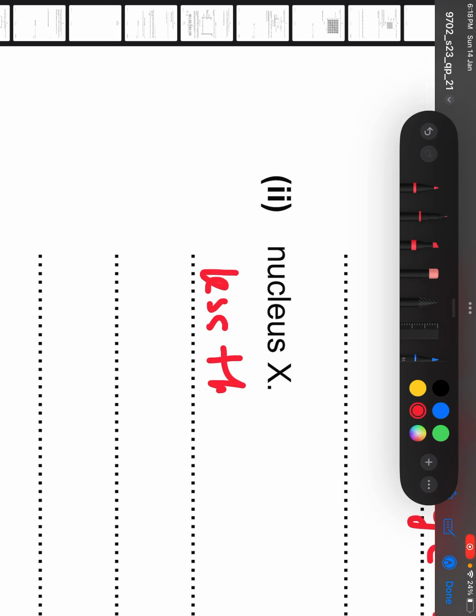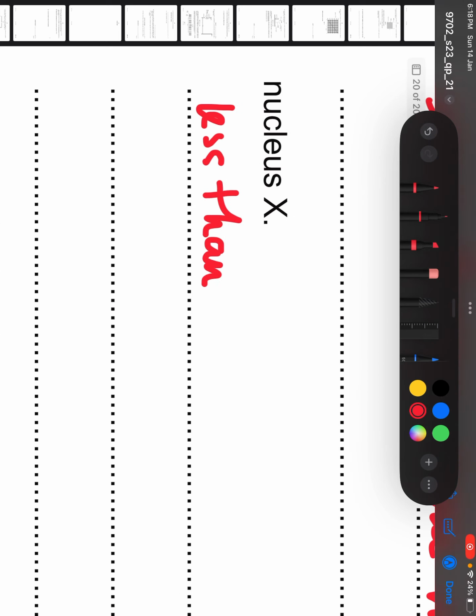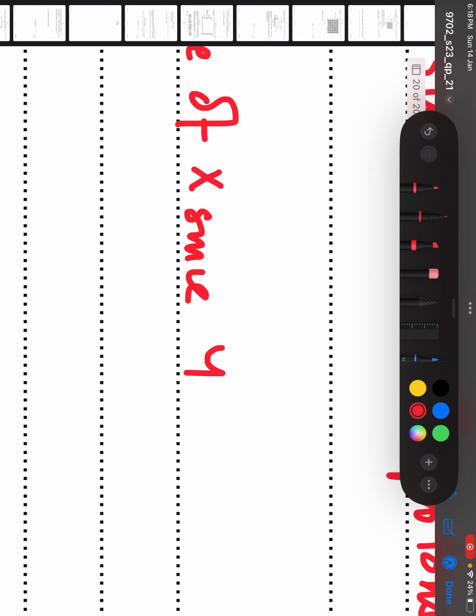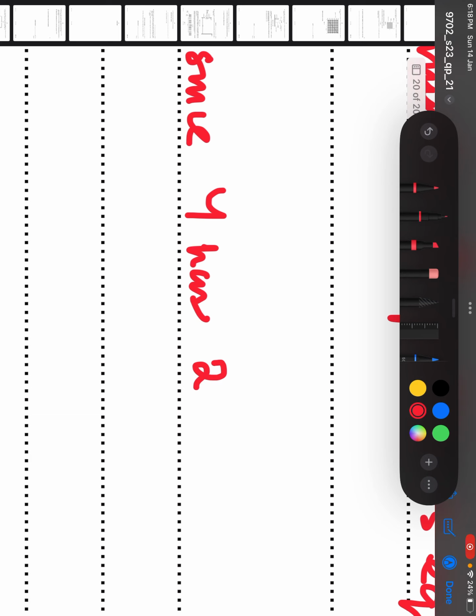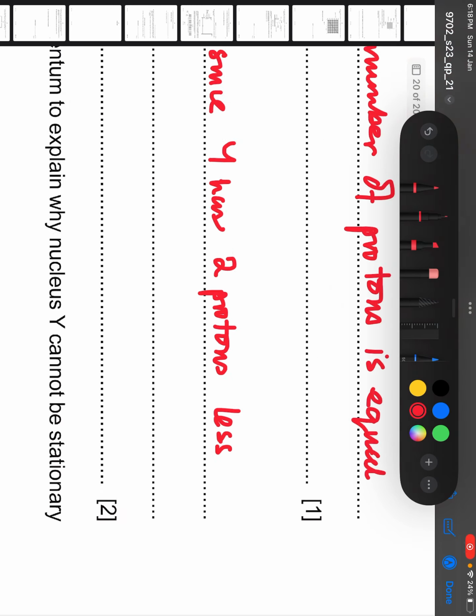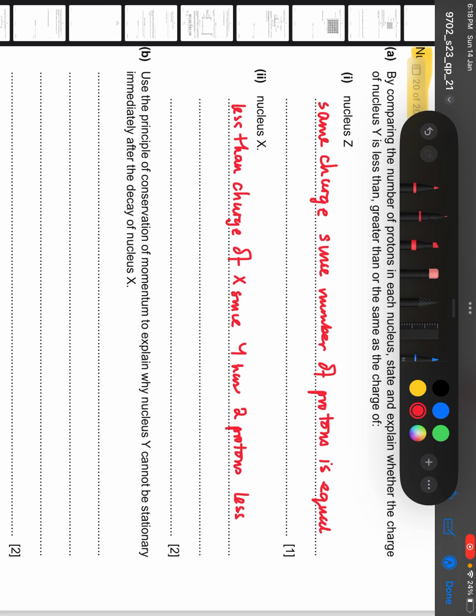So we will answer that it is less than the charge of X since Y has 2 protons less.